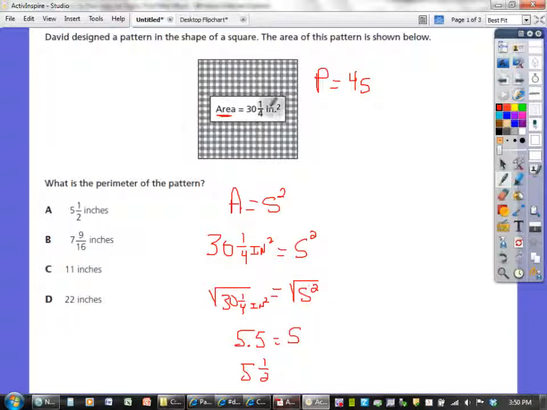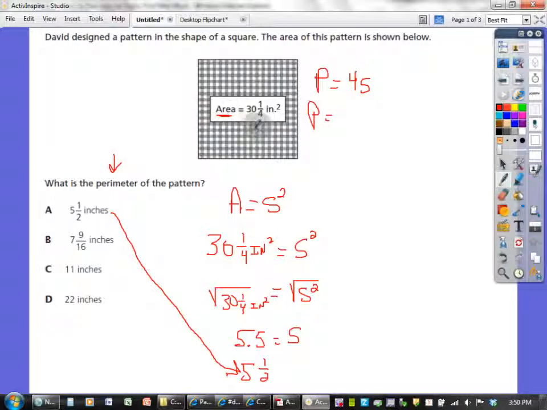Now, let's go back up and answer the question. Notice right here that one of the answer choices is 5.5. Students see that, okay, I've got 5.5 here and it matches something here, but the question is asking what is the perimeter. So what we need to do is go back up here.